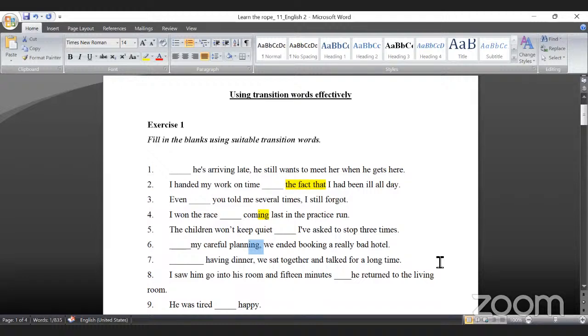This doesn't fit the choice of transition words here, but this is an example of what can you tell me? When do we use while? To connect what sorts of ideas? What is while actually? What category of word is while?